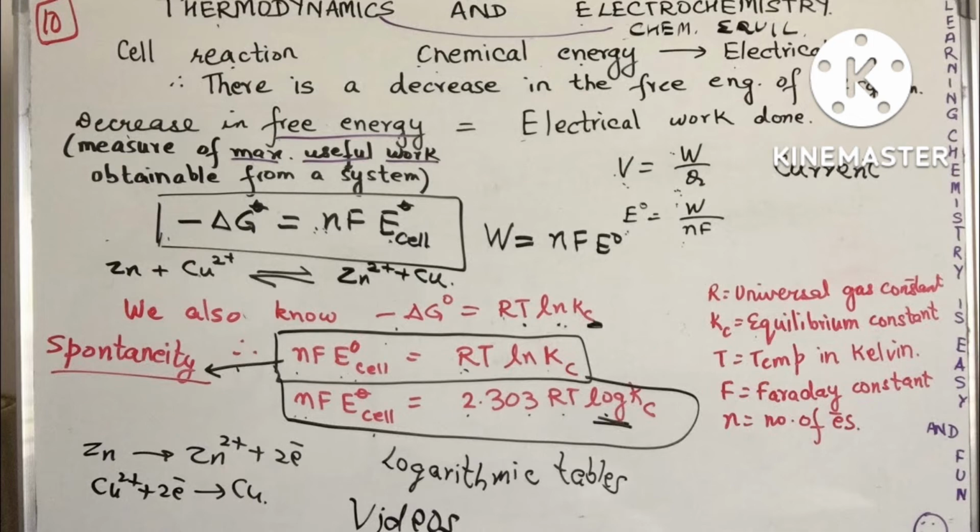Finally delta G should be negative, and only then will the reaction be spontaneous.